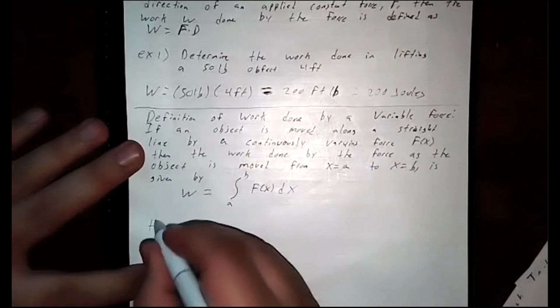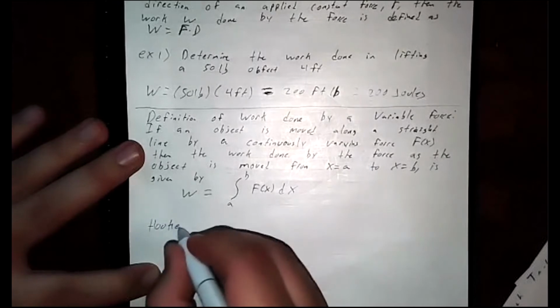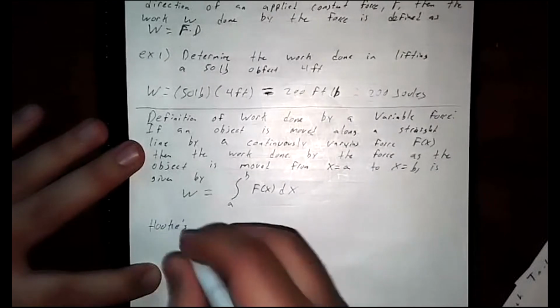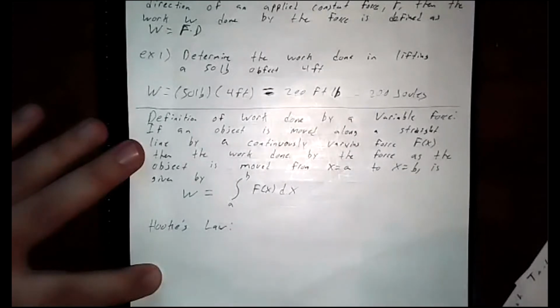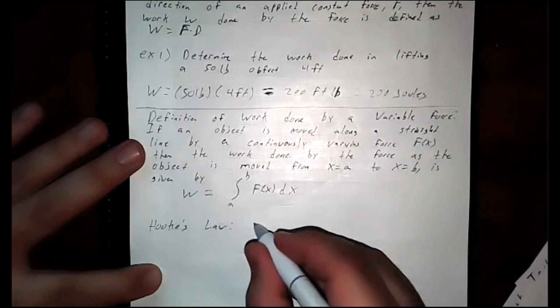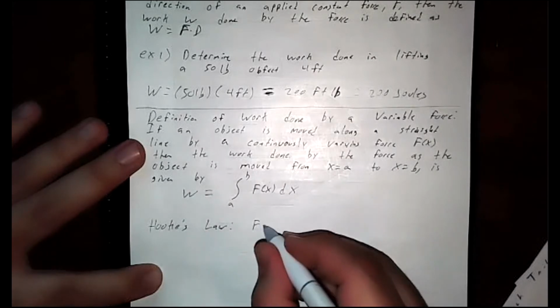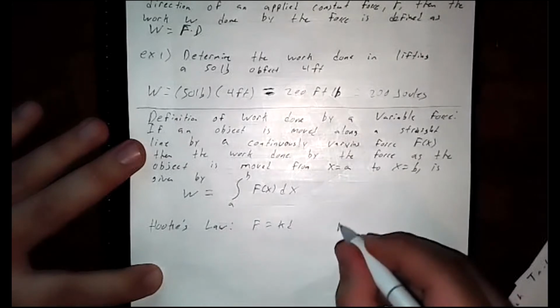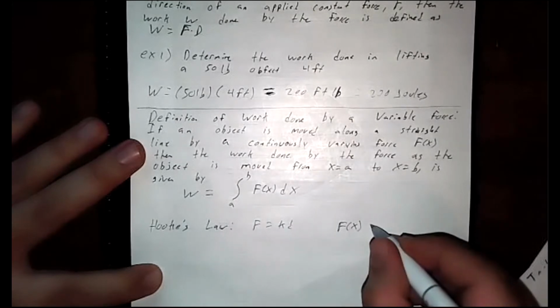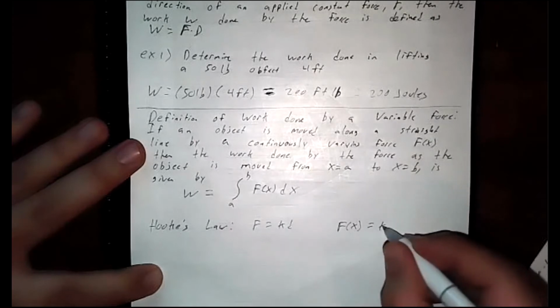But let's go over Hooke's law. We'll probably need this. There's a couple of spring questions on the homework. So Hooke's law. For a constant spring, F is equal to KD. Or you could say that the force function F of X is equal to KX.